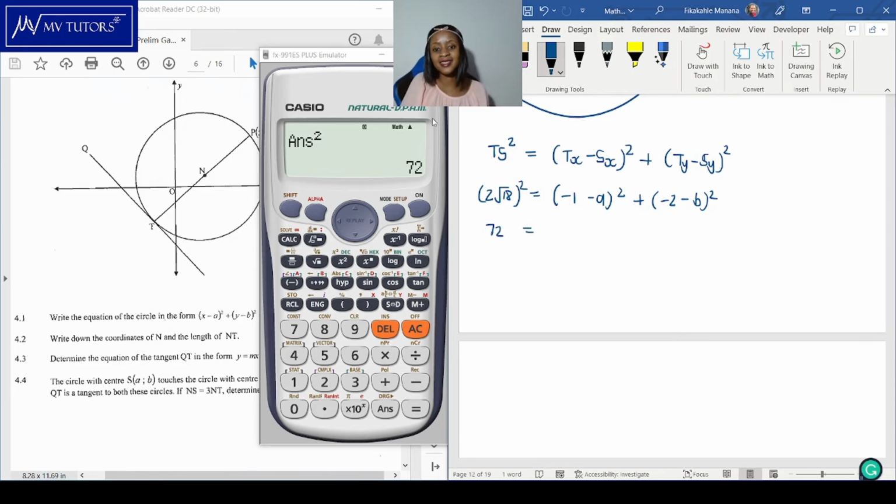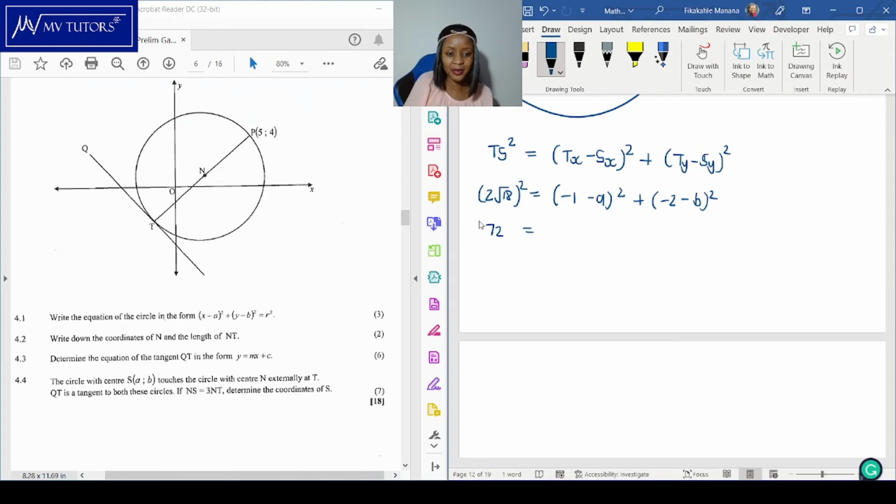And now we're just going to solve here. So I'm going to start with a squared, and then -1 times -a, that's positive a, so I'm going to have 2a, and then plus 1, and we're going to add b squared. 2 times b is 2b, and then times 2, that's 4b, and then plus 4.